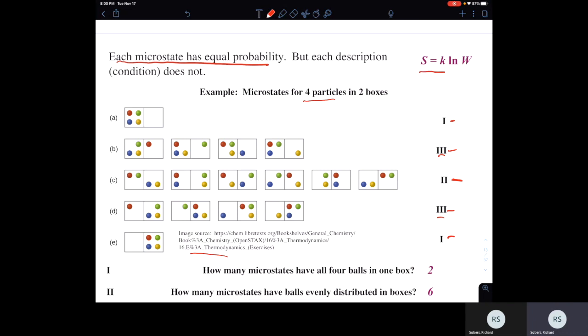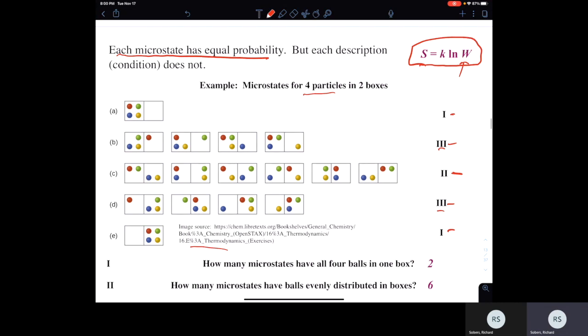But when we look at this equation, the microstates are the individual possible outcomes. There's 16 different ones. But W in this equation indicates how many of them match a particular description.